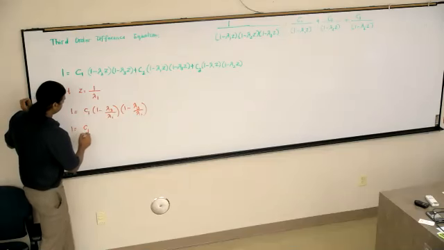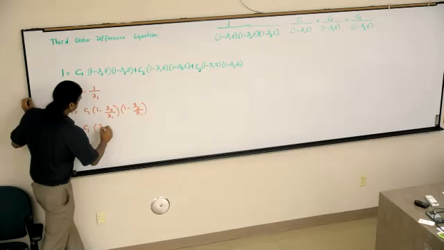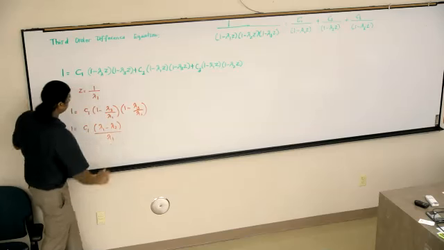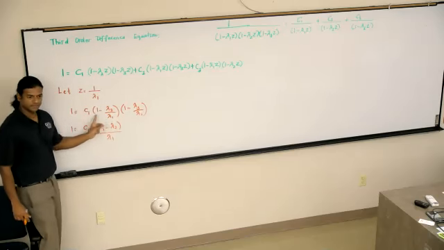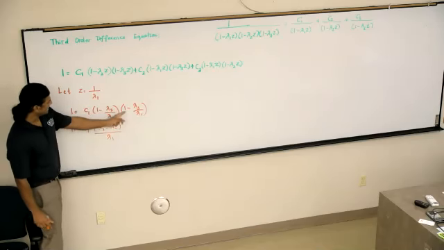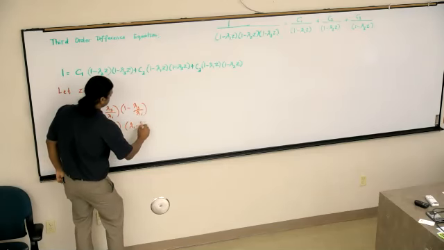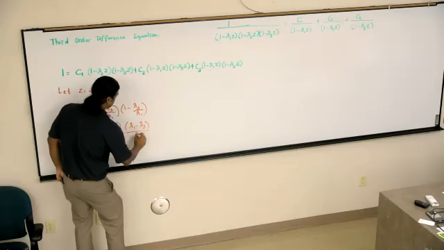So C1 times lambda 1 minus lambda 2 over lambda 1, common denominator to combine those 2. Same here, lambda 1 minus lambda 3 divided by lambda 1.